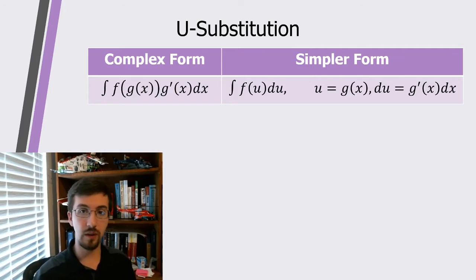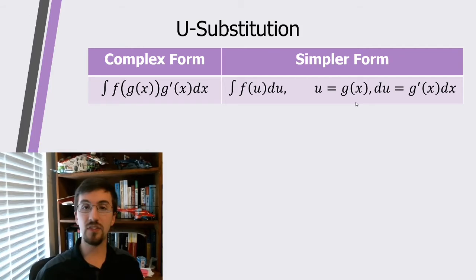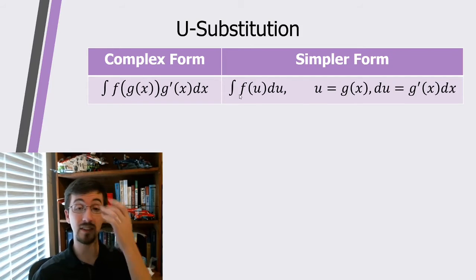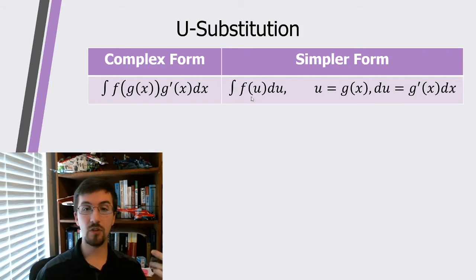That's why we call it u sub. We're going to say u is this entire function g of x, and the derivative of u, du, is g prime of x times dx. And so we can substitute this in, and this becomes the integral of f of u du.